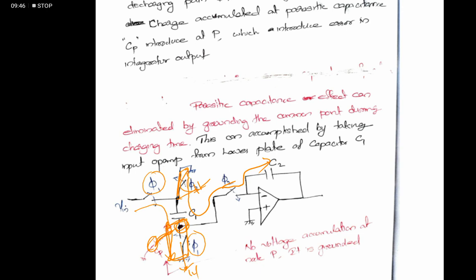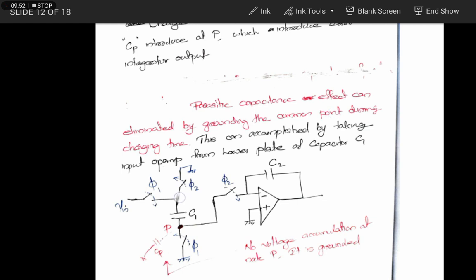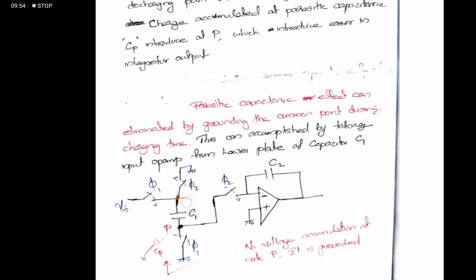And if some parasitic capacitance is present here, due to this discharge path, due to this phi 2, that capacitor will discharge through this one. There is no effect from this parasitic capacitor also.